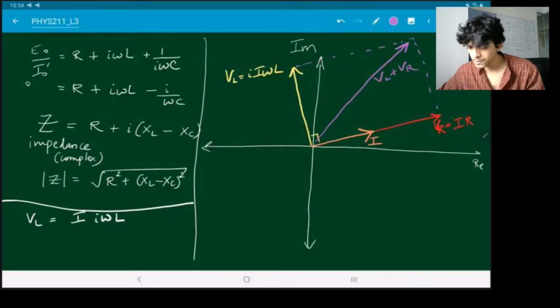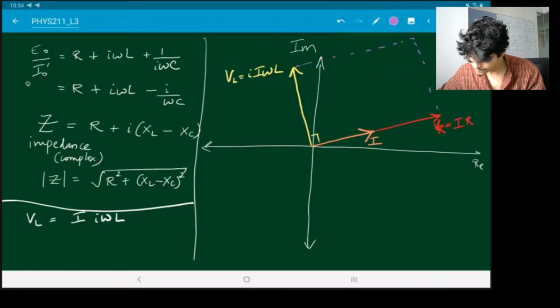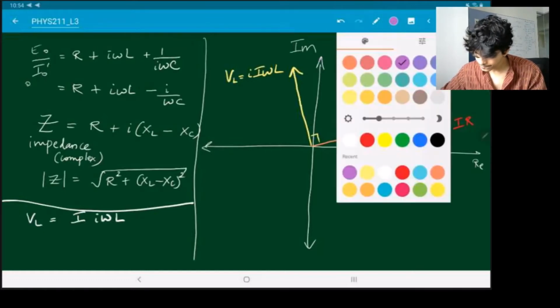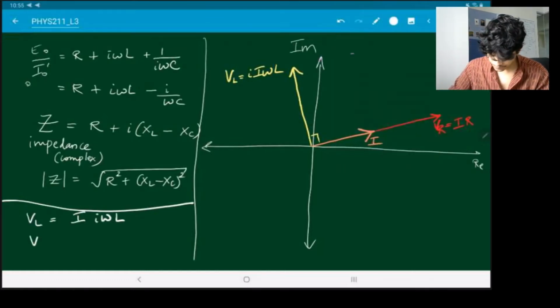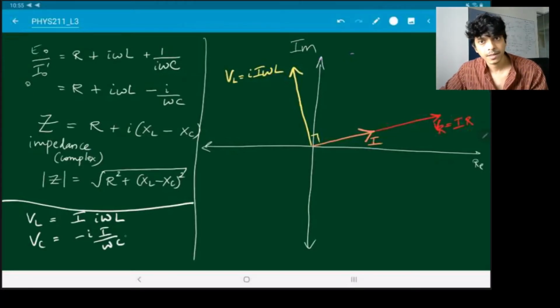But this isn't the end of the story. We also want to introduce a capacitor in this. So let's get rid of all of this. What happens when I introduce a capacitor? Well, VC is minus I over omega C. Now when you multiply a complex number with minus I, it rotates it clockwise or to the right by 90 degrees.